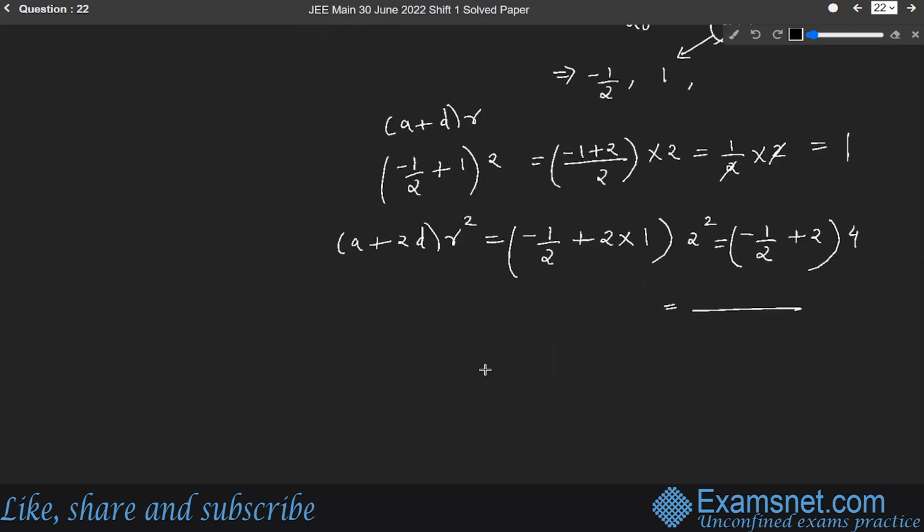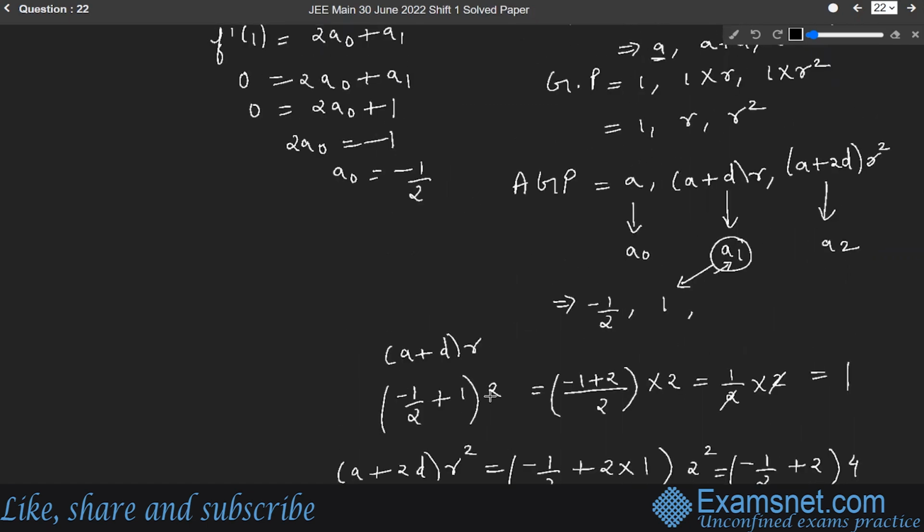Now again taking the LCM, the LCM will be 2. So it will be minus 1 plus 4, because 2 into 2 is 4, and again multiplied with 4. Minus 1 plus 4 is 3 by 2, into 4. 2 ones are 2, 2 twos are 4, 3 into 2 is 6. So we have the third term, a2, which is 6. The value of a2 is 6.